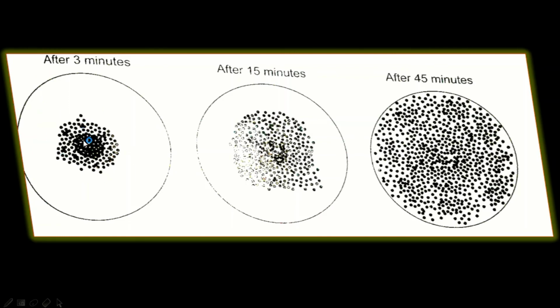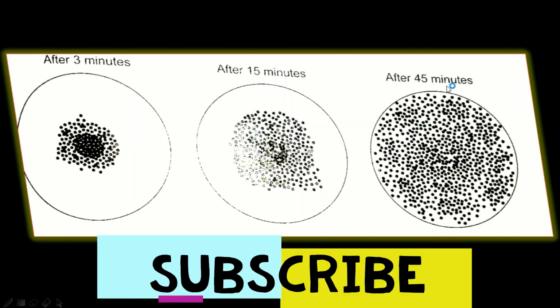Because of that, it will move from where it's highly concentrated to where it's in low amounts. Over time you will see that the space your solute is covering will keep on increasing to a point where your petri dish will be fully covered by your potassium permanganate.